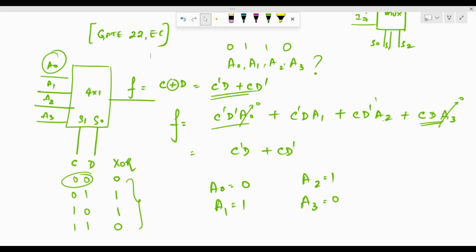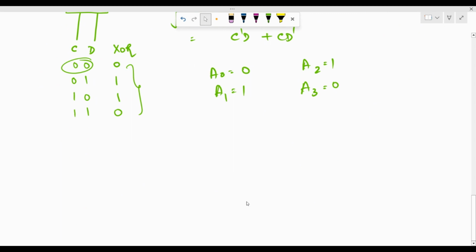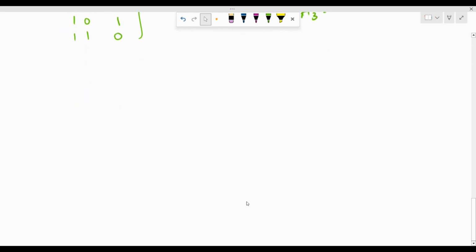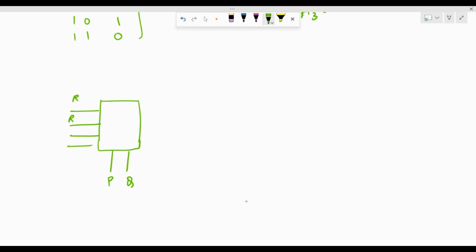So let's look at another numerical, which is pretty similar, you apply the same principle. So here they have given us this multiplexer, which is a 4 cross 1 mux, whose select lines are P and Q, and the inputs are R, R dash, R dash, and R. So these are the four inputs, and there's going to be one output.